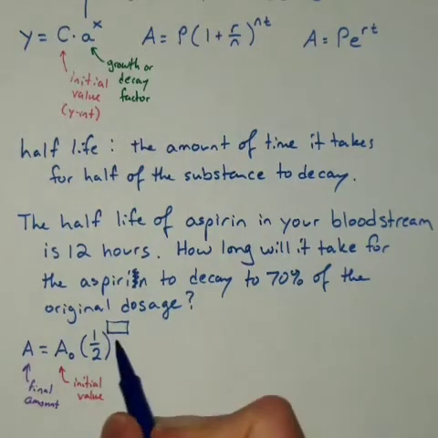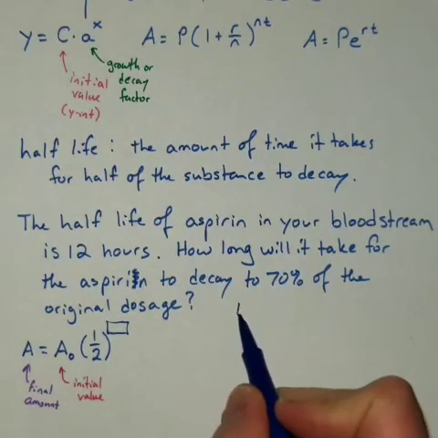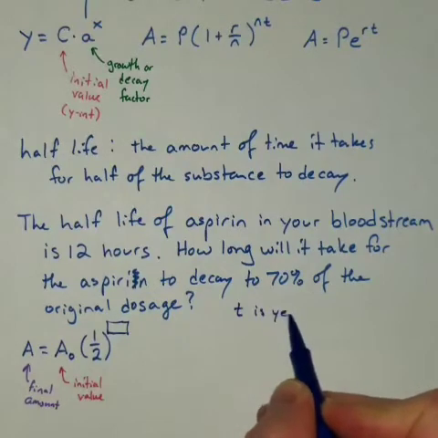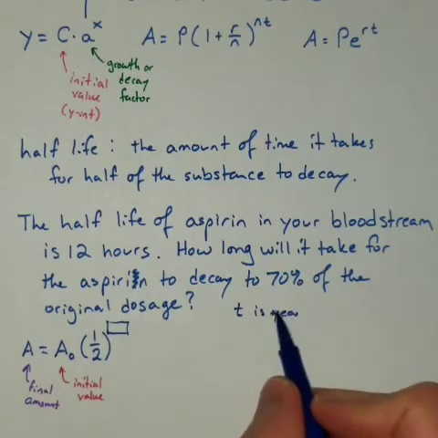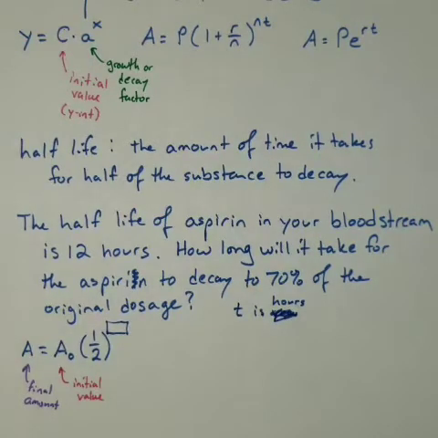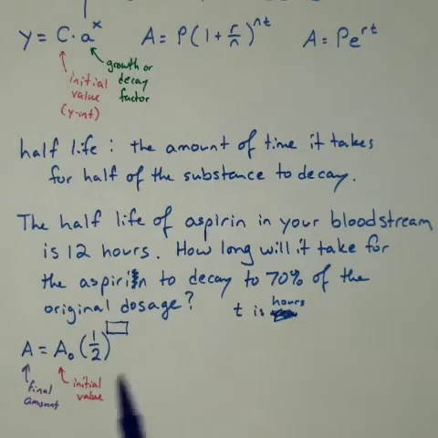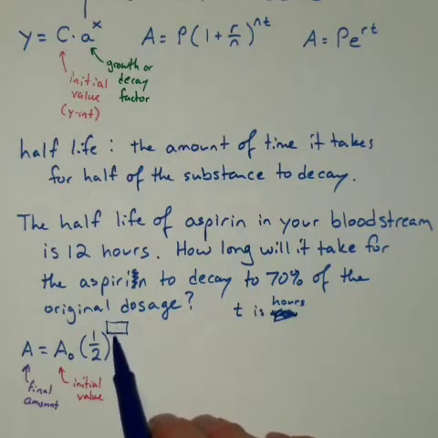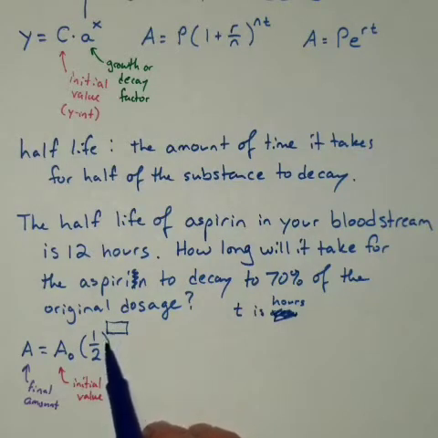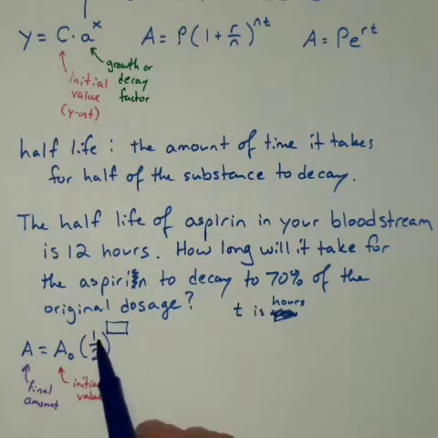Now let's consider what the exponent needs to be. I want T to be in terms of years. No, not years, hours, I'm sorry. I want that to be hours. That's our unit of time. Every time I plug in a 12 for T, I want to have a power of 1, because if I plug in a 12 for T, I want 1 half-life to go by.